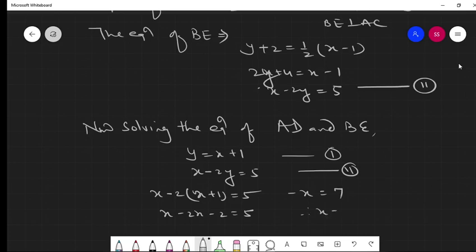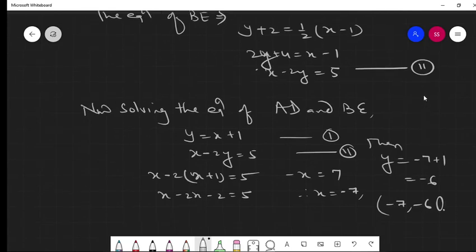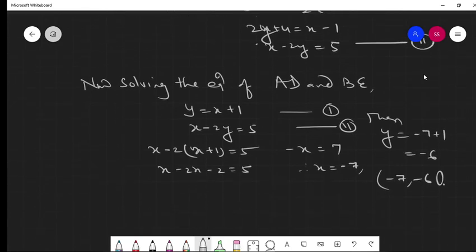Therefore x equals minus 7. Then y equals minus 7 plus 1, that is minus 6. The point minus 7 comma minus 6 is the orthocenter of the triangle.